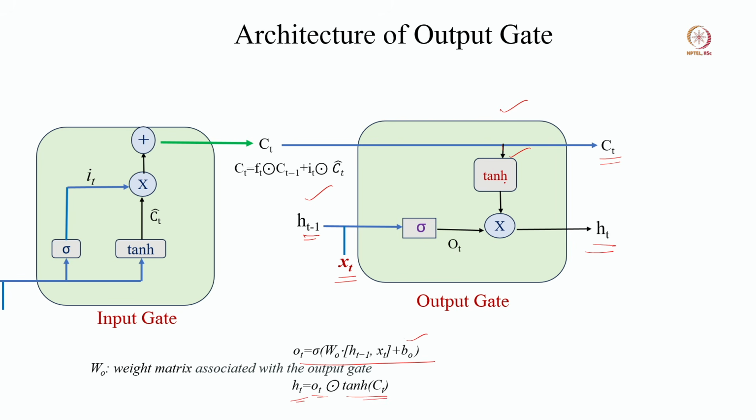Once again the tanh brings the values between -1 and +1, which is a manageable range, and this Ot, as it is going through a sigmoid activation function, has a value between 0 and 1. So here also whatever is required is kept, and some portions are left out or removed. So this is my Ht after the multiplication. Okay. So that is the architecture of the output gate.